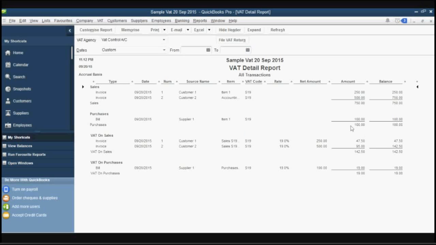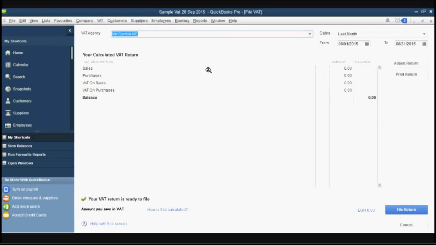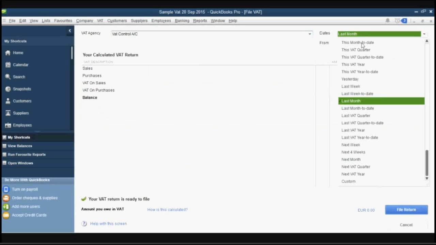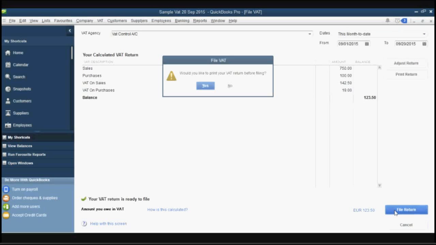This is journal entry number 4. File VAT, and this journal entry will be done automatically by QuickBooks. You see, this is our calculations. We file this.